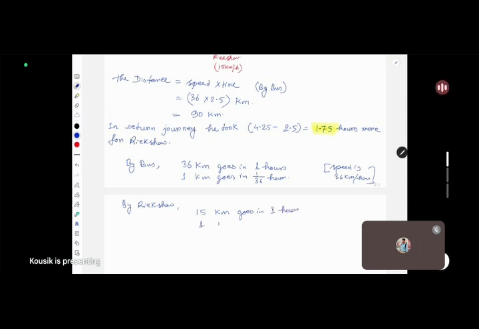So 1 kilometer goes in 1 by 15 hours. So see that in 1 kilometer the bus goes 1 by 36 hours and rickshaw goes 1 by 15 hours.